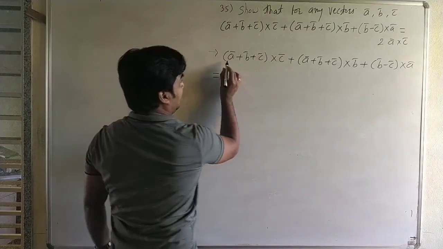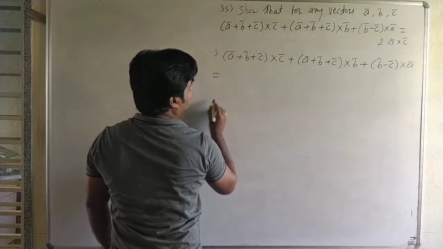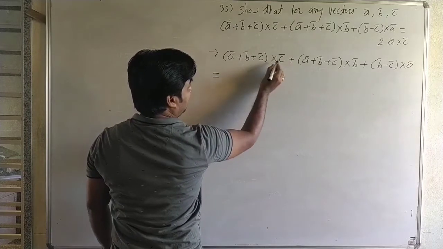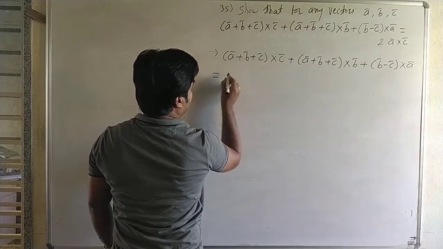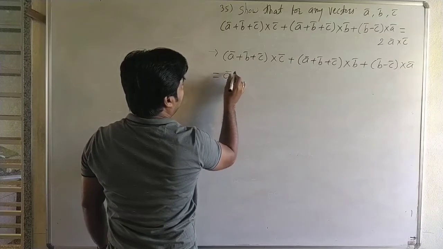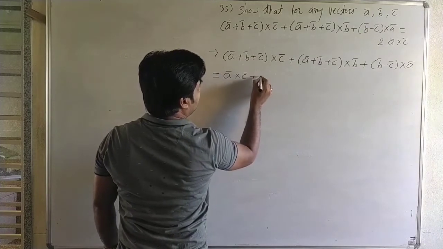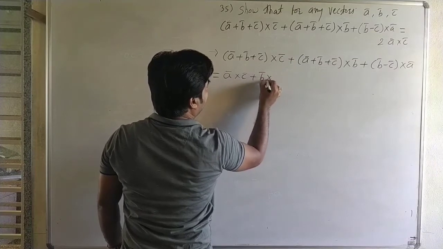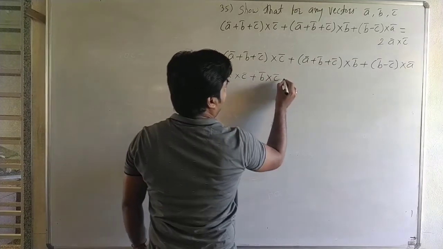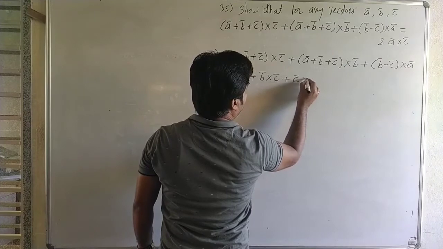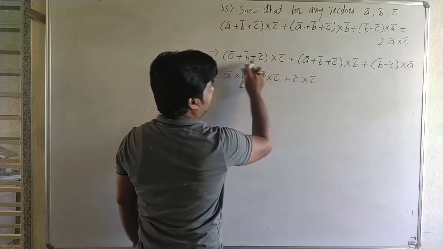Okay, see carefully. Here multiply these three terms by C bar. First it is A bar cross C bar plus B bar cross C bar plus C bar cross C bar. Okay, it is the first.